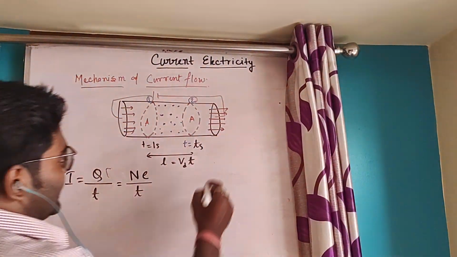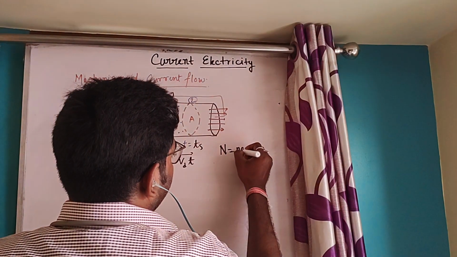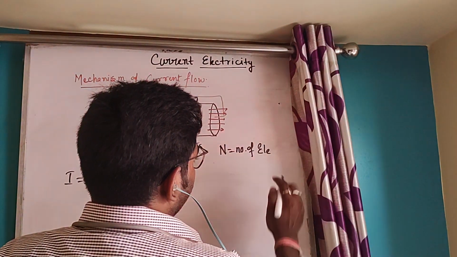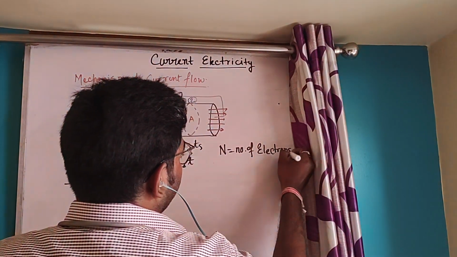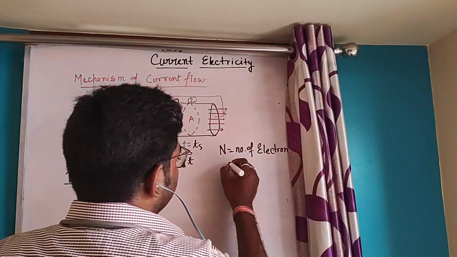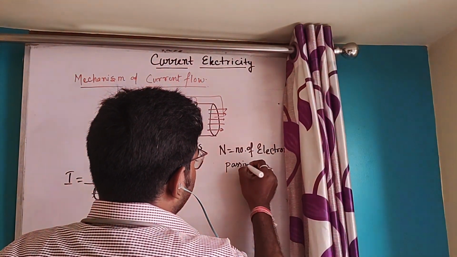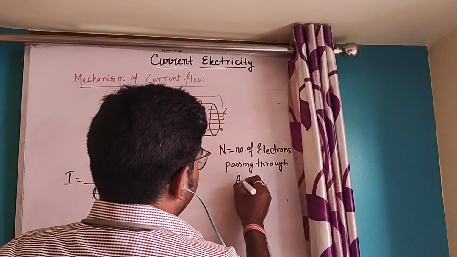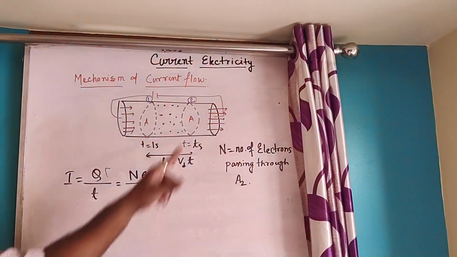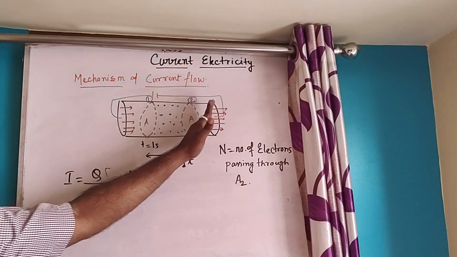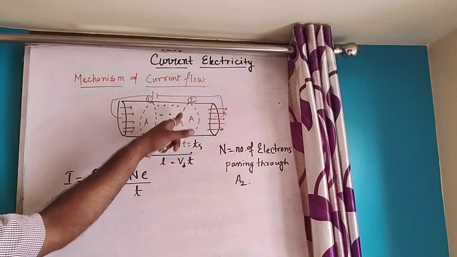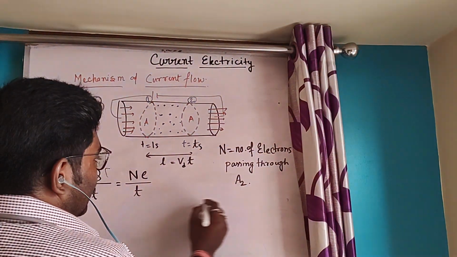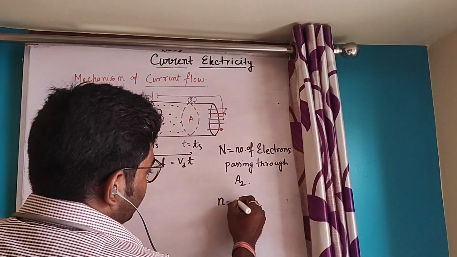Let N be the number of electrons passing through A2, that is, this area. Clear?